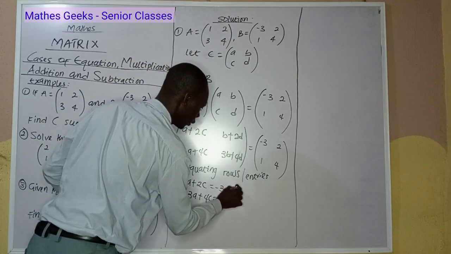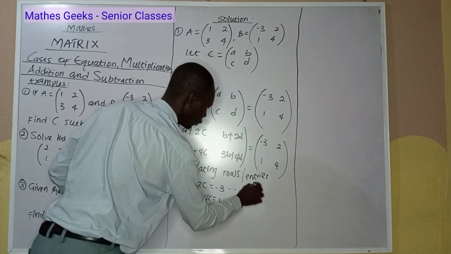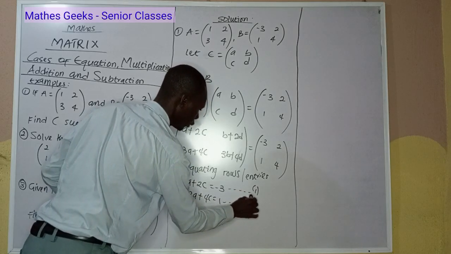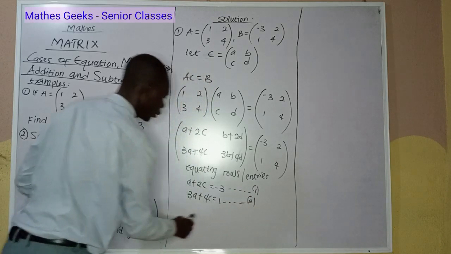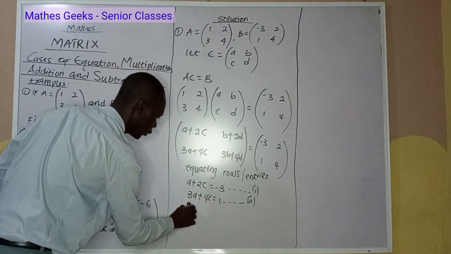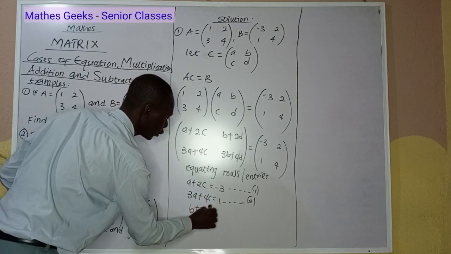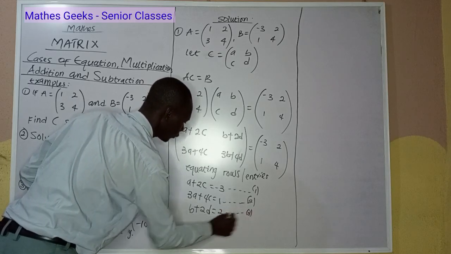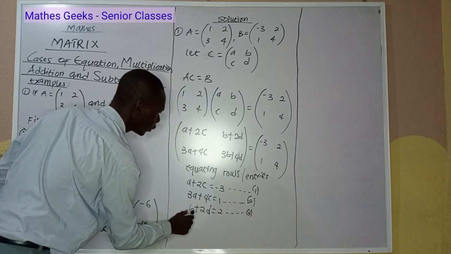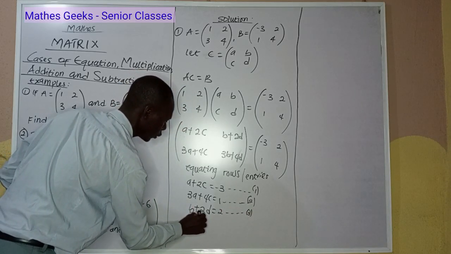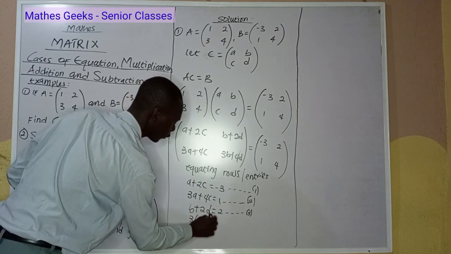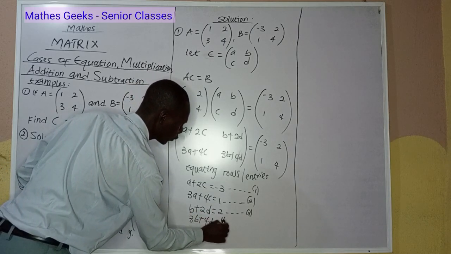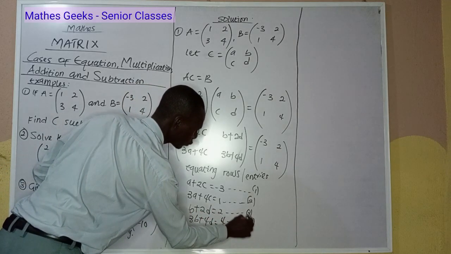Let's call this equation 1 and this equation 2. We have here b plus 2d equals 2, equation 3, and then 3b plus 4d, equation 4.